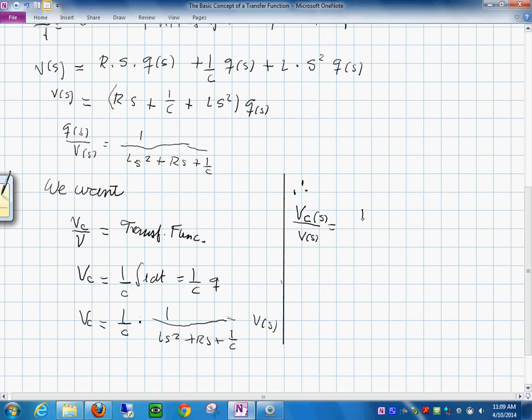Is equal to 1 over CLS squared plus CRS, right? Plus 1, C over C is, and then B of S.